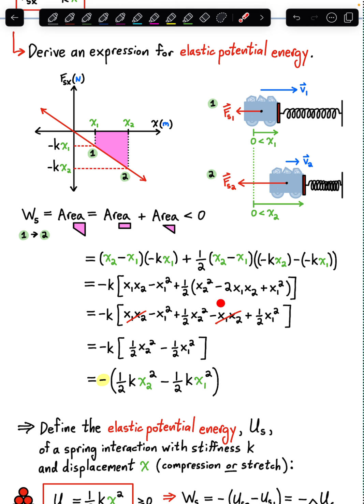Once we do that, we have a couple of terms that we see will cancel out. This and this will cancel. We have a 1/2 x1 squared minus x1 squared, which gives us a negative 1/2 x1 squared. So we've simplified down to here. If I then distribute the spring constant k, the stiffness, back once again, we've managed to make the work done by the spring force between moments 1 and 2 look like the opposite of the difference between the final value of this quantity, 1/2 kx squared, and the initial value of that quantity, 1/2 kx squared.